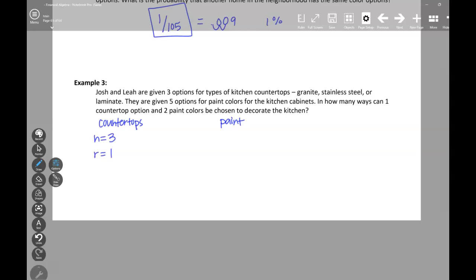What is the overall option for paint? 5 options. And how many do I get to pick? 2. So what will my combination formula look like for countertops? 3C what? 1. And then what will my combination look like for paint?